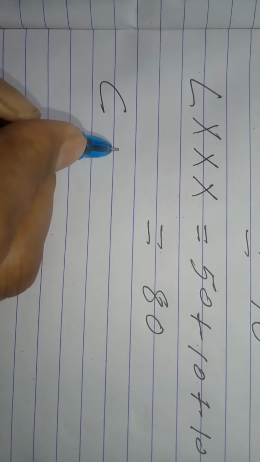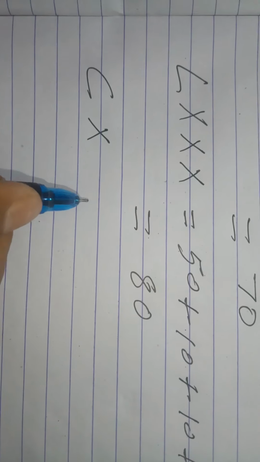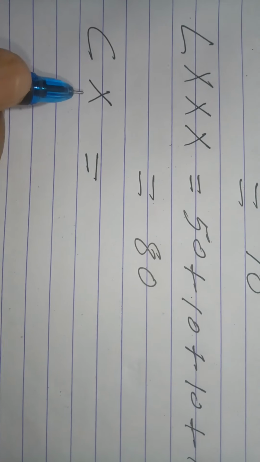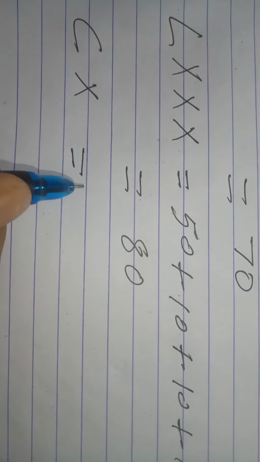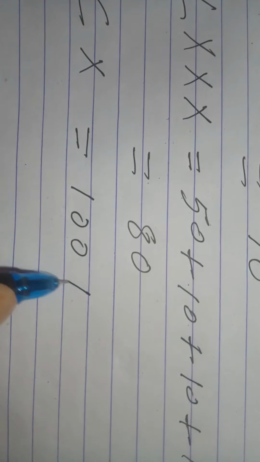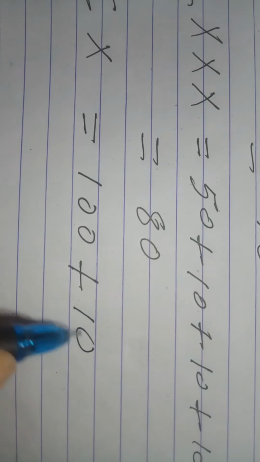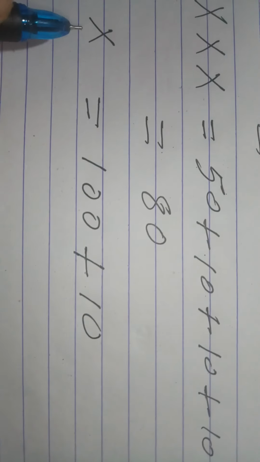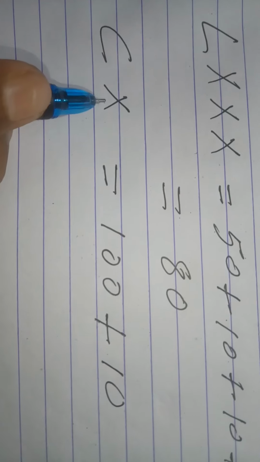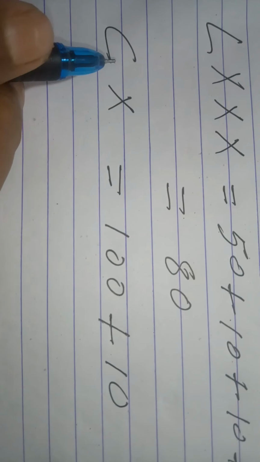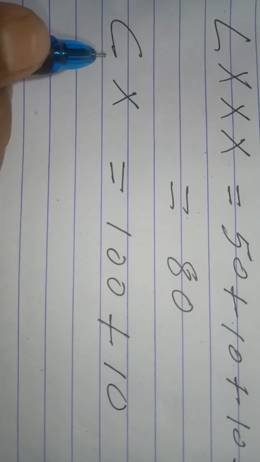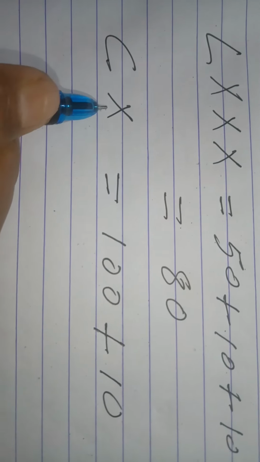CX. C for 100, X for 10. According to the rule, X is written to the right of C, so it is added.